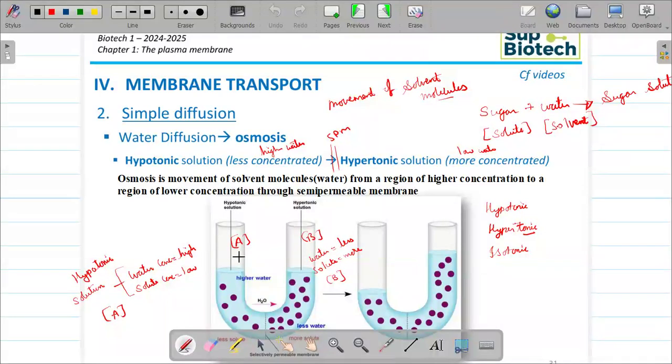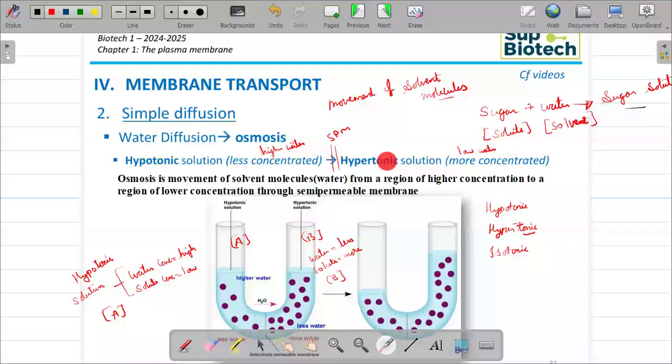Then I discussed osmosis, which deals with the movement of solvent molecules. A solution is made up of a solute and a solvent. The solute concentration will determine the tonicity. Hypo means less: it is less concentrated, meaning the concentration of solute is less, solvent is more, so high water concentration.